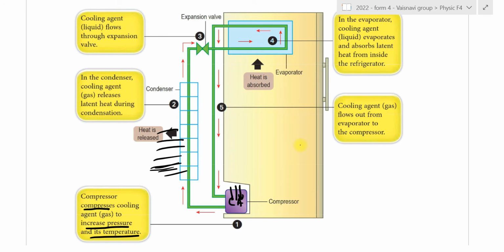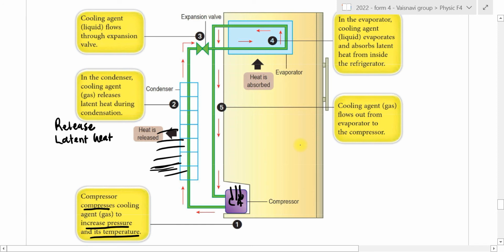Okay, so it goes to the condenser and undergoes condensation and releases latent heat. ஏன்னா condensation என்ன அர்த்தம், ரிலீஸ் ஹீட். ஓகே, so you release heat.